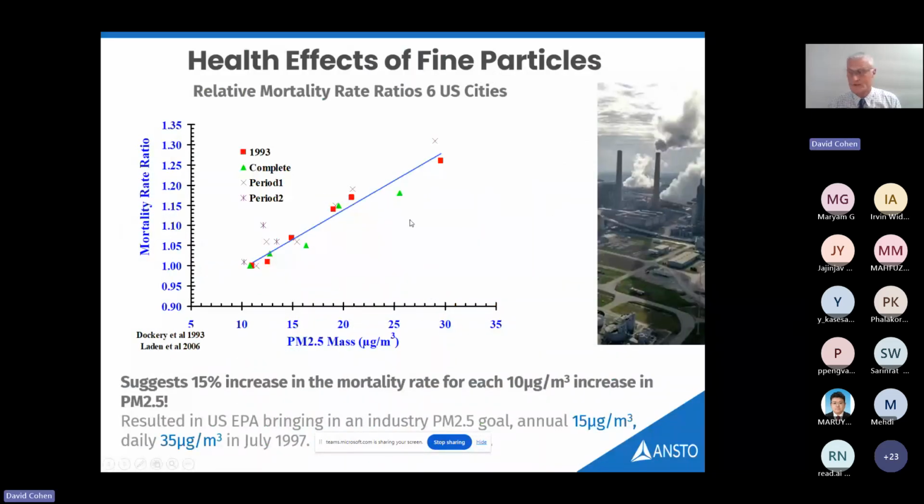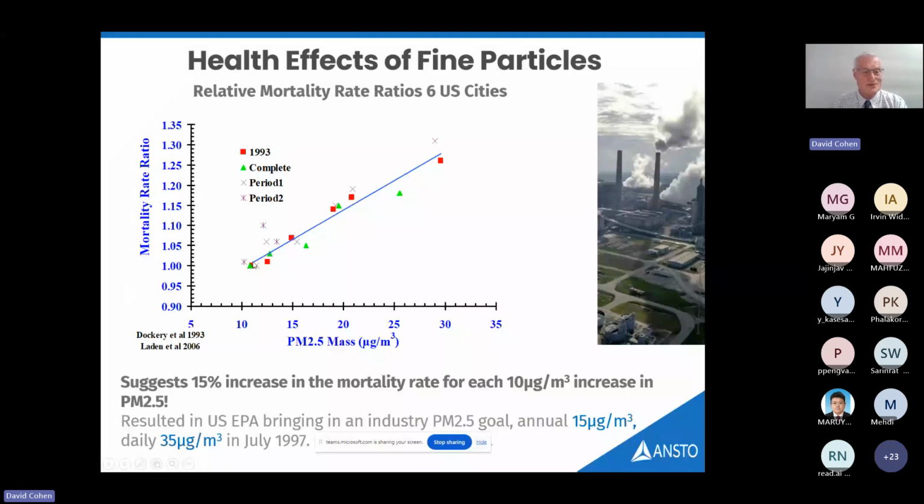Health implications of fine particles. The mortality rates here: this was a six cities study done in the 90s by Dockery et al. And what you do here is you go to a place with 10 micrograms per cubic meter annual average, and you normalize the death rate of people dying. So you look at all people who die and you take out all the known sources of death, car accidents, cancer, heart disease, and you're left with a residual that you don't understand, you don't know what it is.